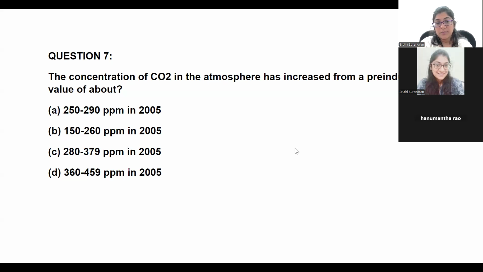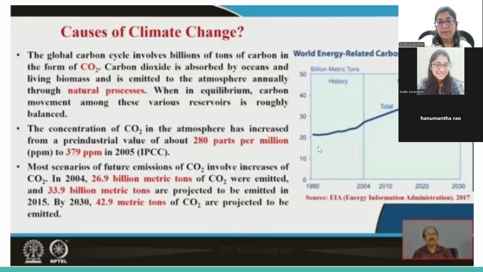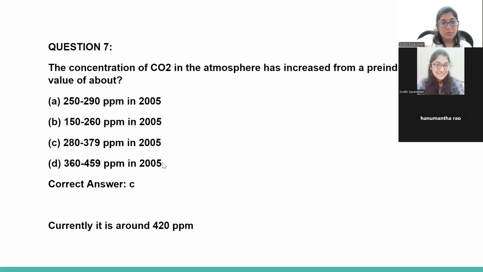The concentration of carbon dioxide in the atmosphere right now, 2023, 2000, okay, that's very less. Actually, the carbon dioxide concentration has increased from 280 in the pre-industrial era to around 375 ppm in 2005. So option C would be the right answer.